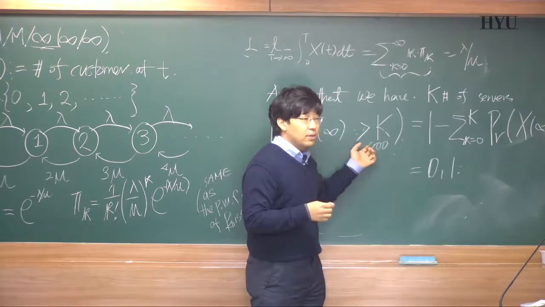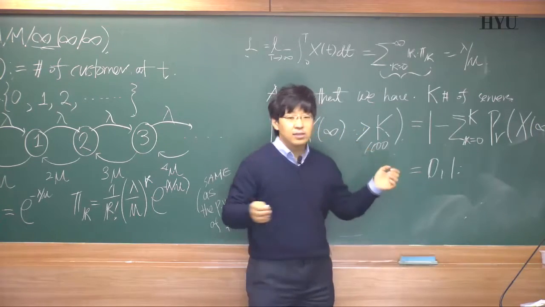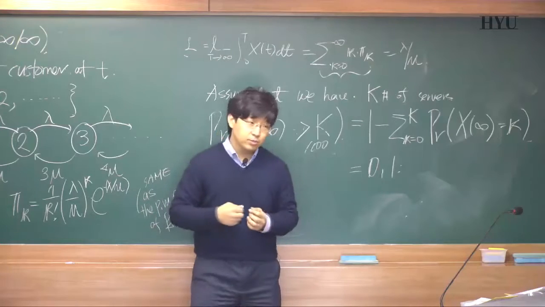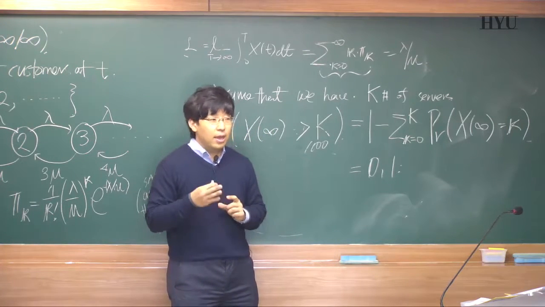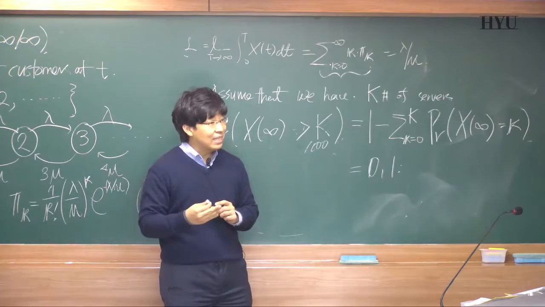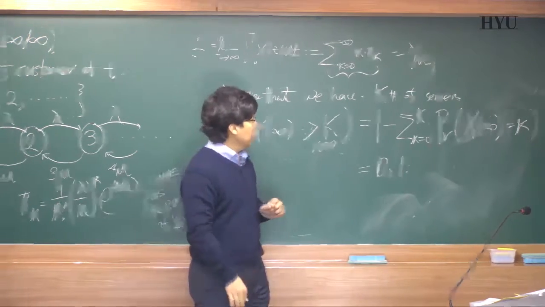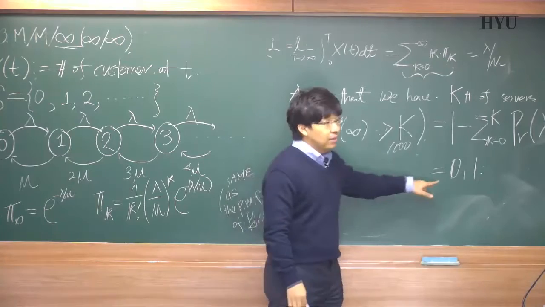So we can calculate the blocking probability with this formula and the stationary distribution of the infinite queue system. And when you try to design the system, we can target this number.